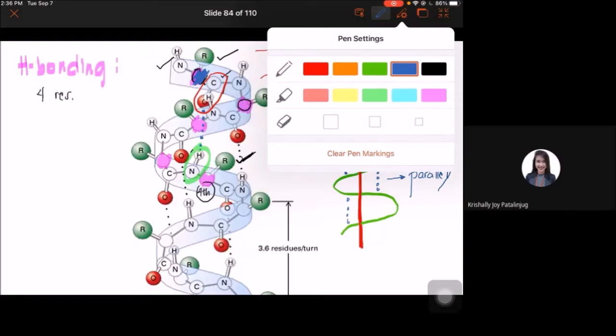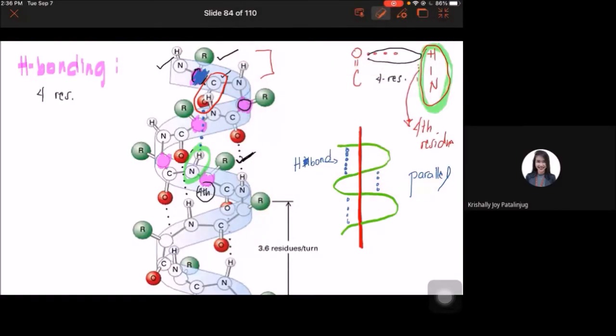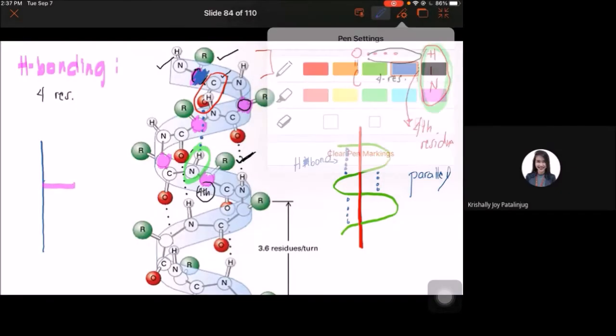Perpendicular alignment is formed if they connect with each other. For example, this is the axis of rotation. Then on the exterior part you have the R group.